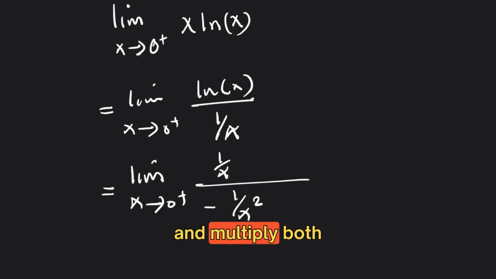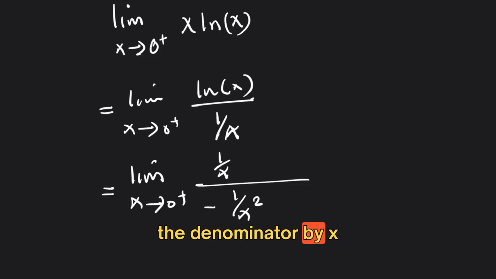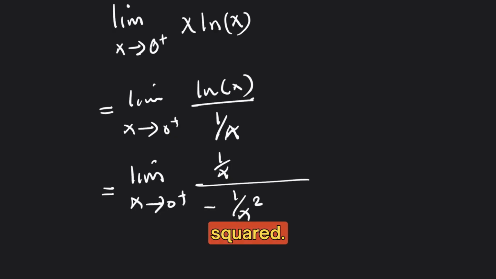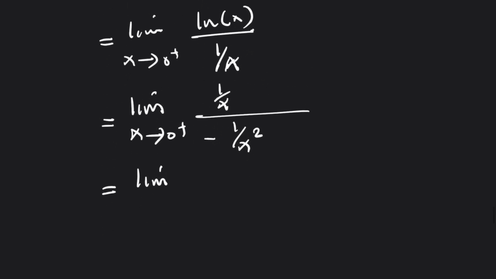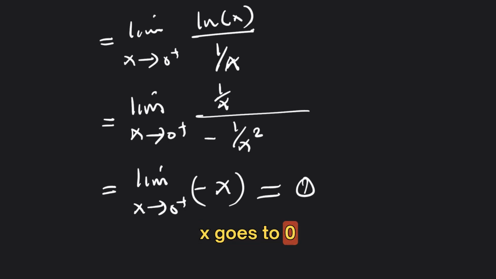So let us multiply both the numerator and the denominator by x squared. We just have the limit as x goes to 0 from the right of negative x, which is equal to 0.